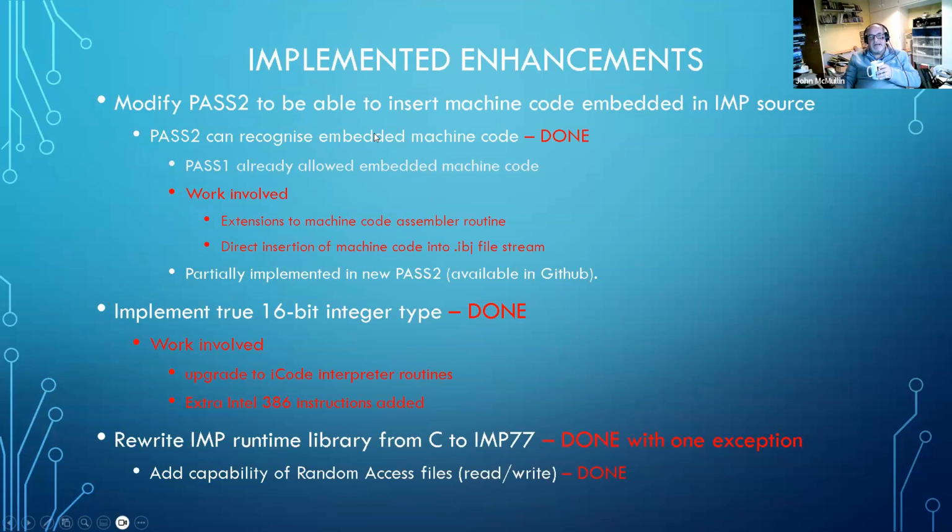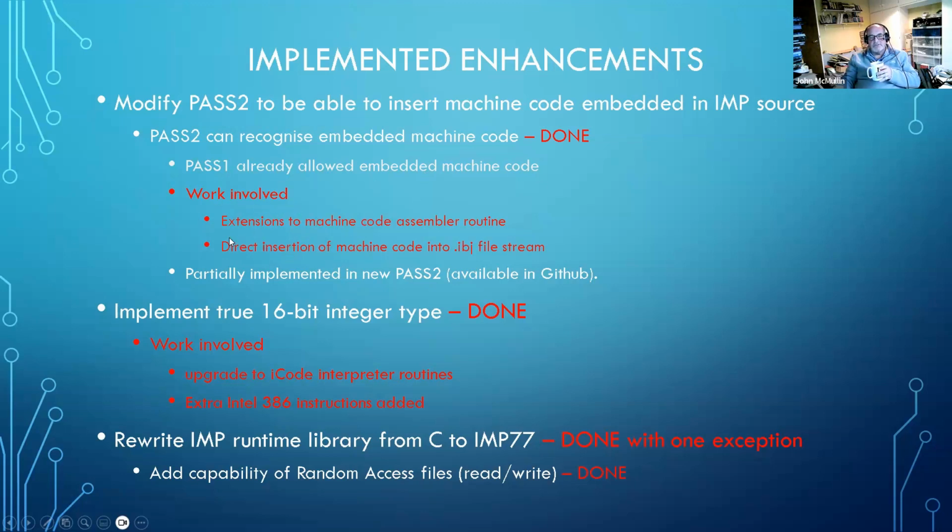What I've done now is I've managed to get it to work to a certain extent, so that you can embed machine code inside the compiler. Pass1, as I said, already allowed you to embed machine code, but Pass2 didn't do anything.